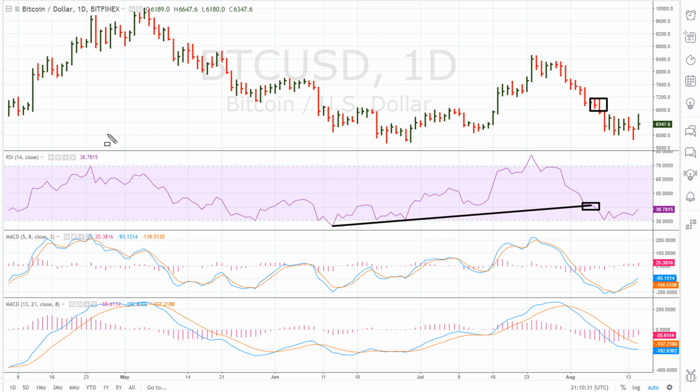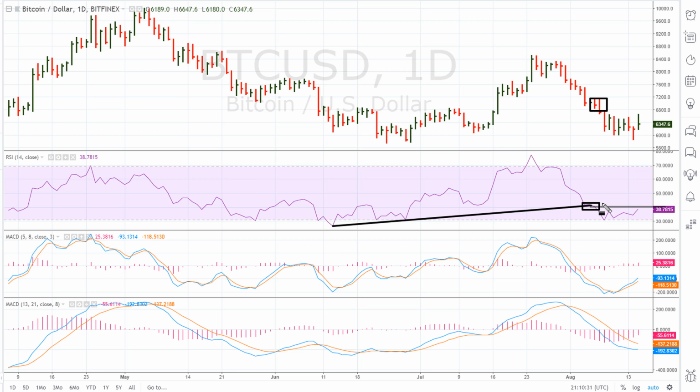That level is now the next line to be tested. So this would have to be cleared to the upside before BTC can have a chance of moving higher.